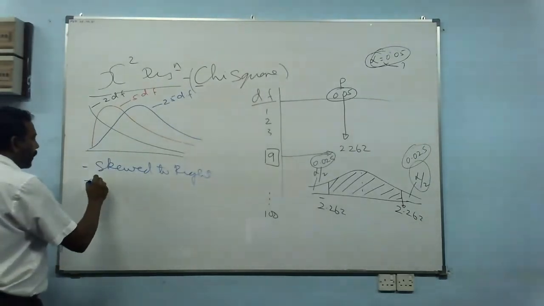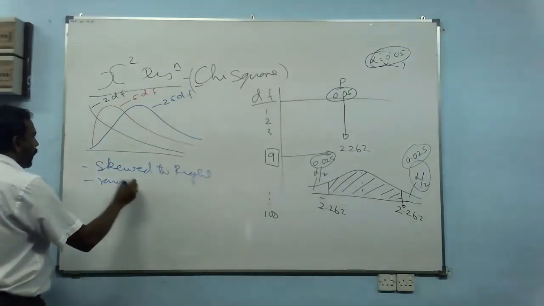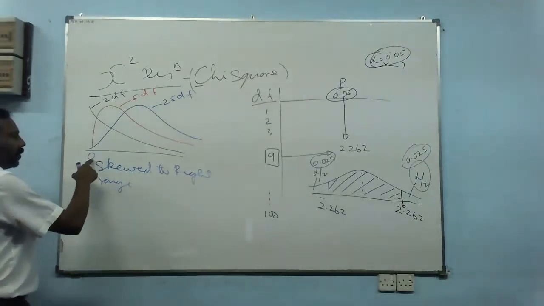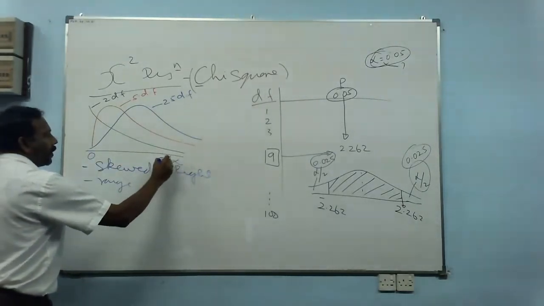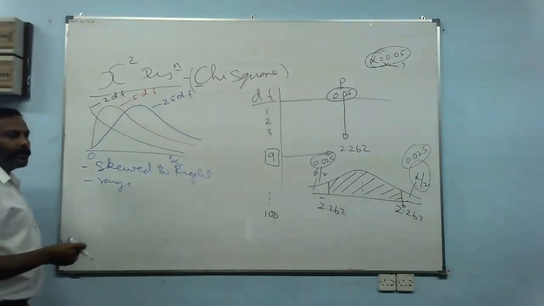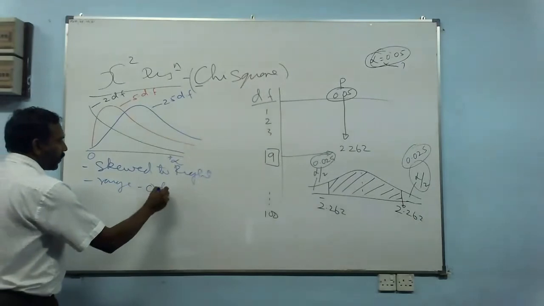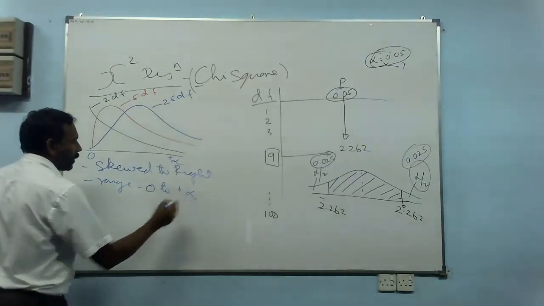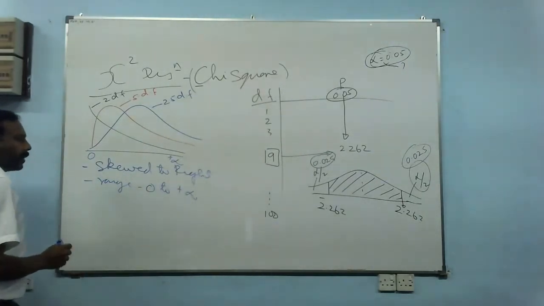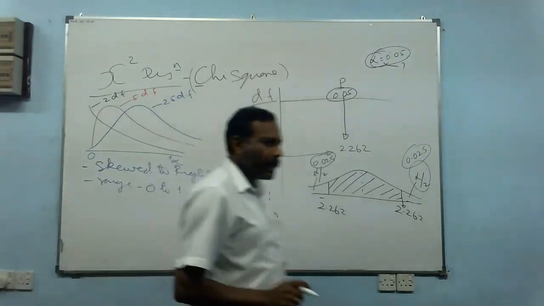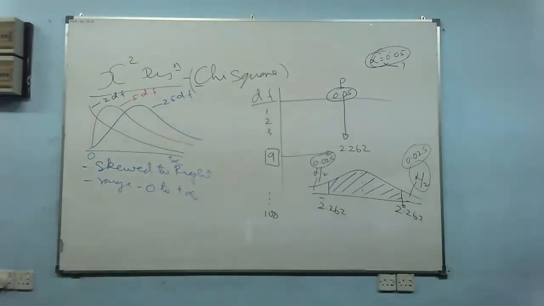The range starts from 0 and goes up to plus infinity, always positive values. The range is 0 to plus infinity.